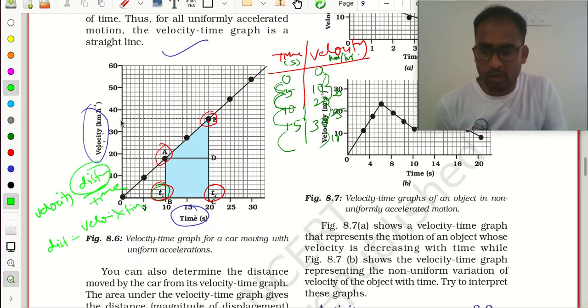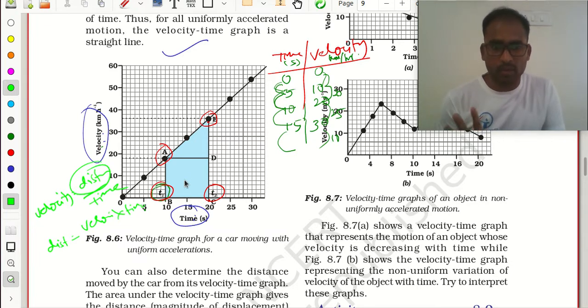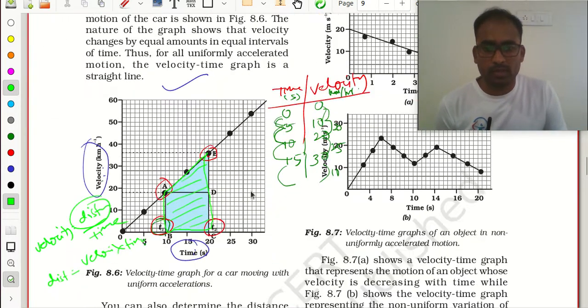So velocity is how much into time, that I need to calculate. So this area is formed under this graph. If I calculate this area, I can say this is the distance traveled or distance covered by the object.